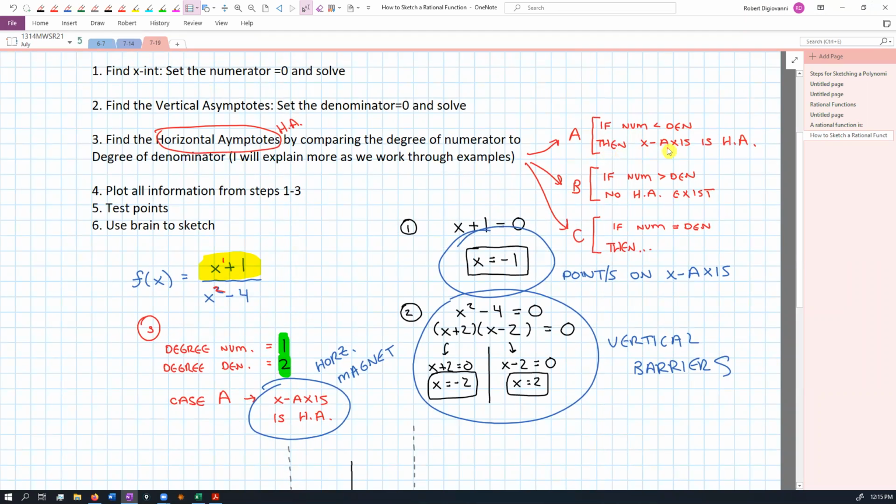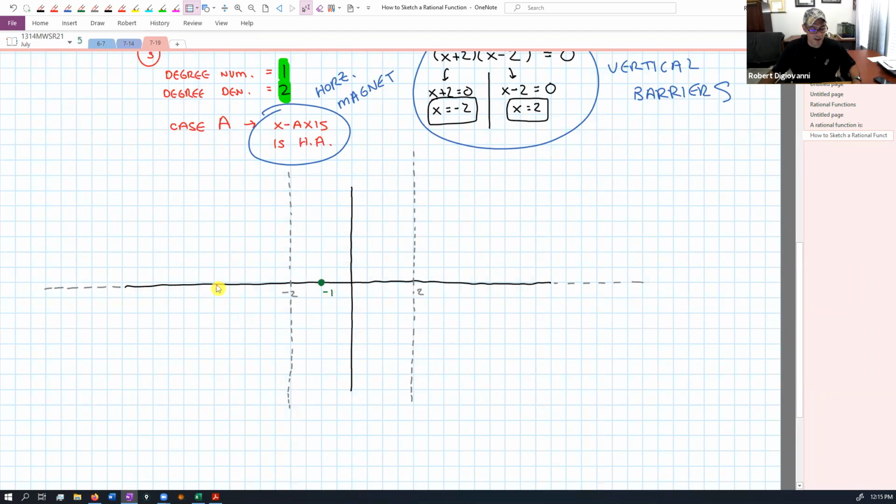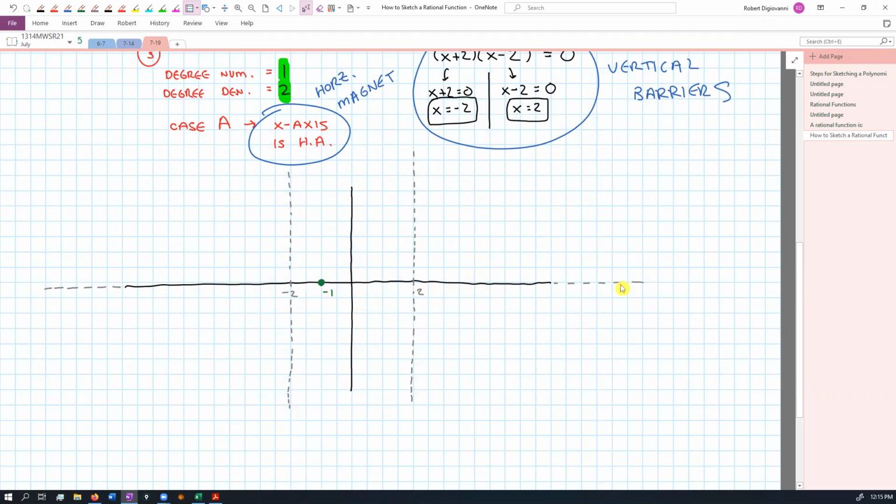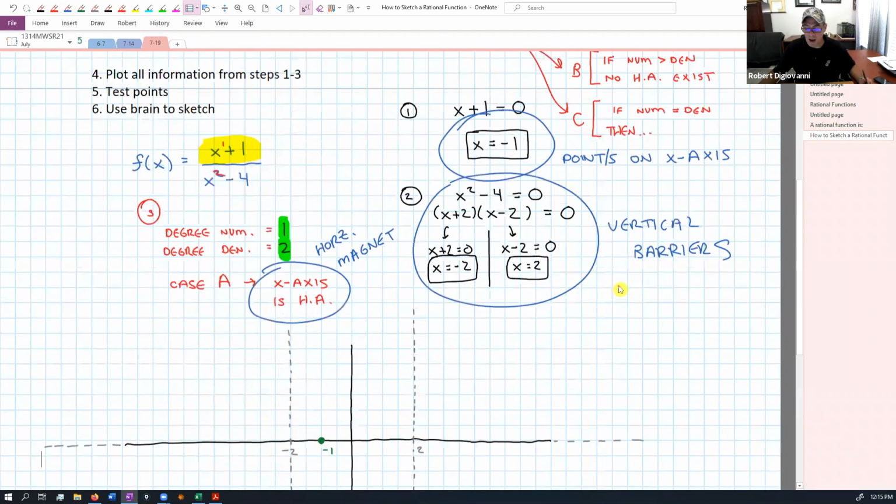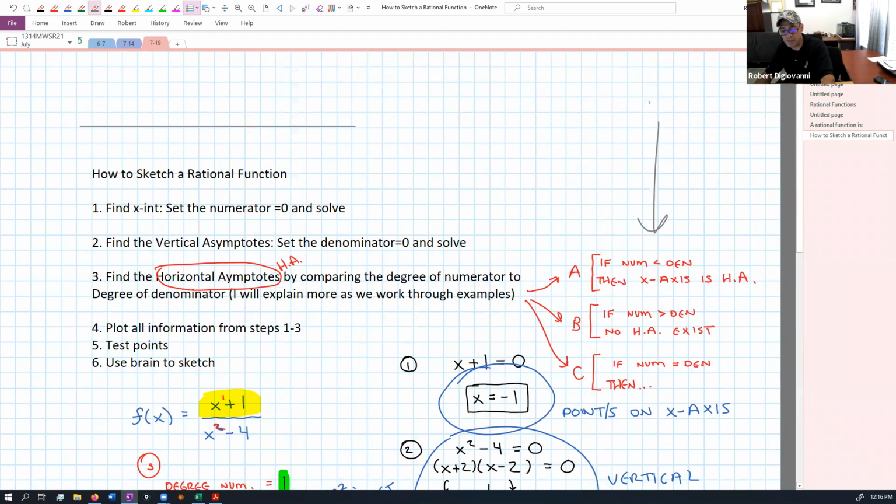Oh, okay, I see. The X-axis here, the Y-axis is here, right? Yes. So the X-axis has become our horizontal asymptote. Now, you don't need to know why, okay? I'm just telling you this, all right? That's what happens. You just have to trust it and take it on faith.